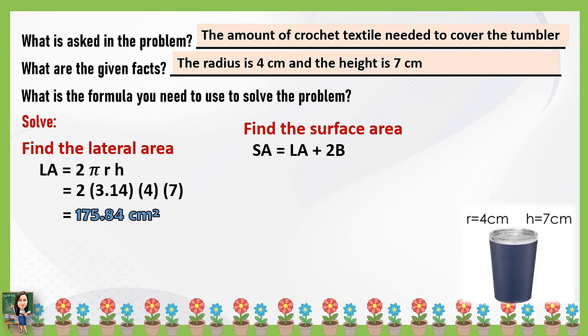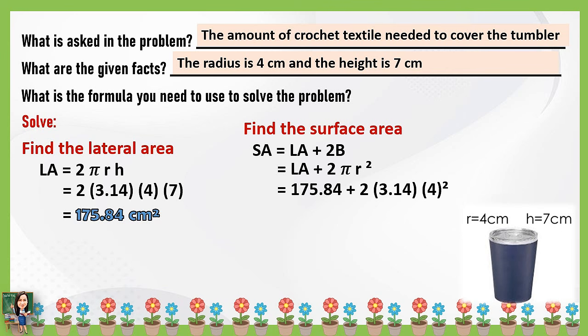Then, find the surface area. The formula is surface area equals lateral area plus 2 bases, or lateral area plus 2 times pi times radius squared. So the lateral area is 175.84 plus 2 times 3.14, which is the pi, then the radius is 4 to the second power. So 4 times 4 equals 16. And 2 times 3.14 is 6.28.